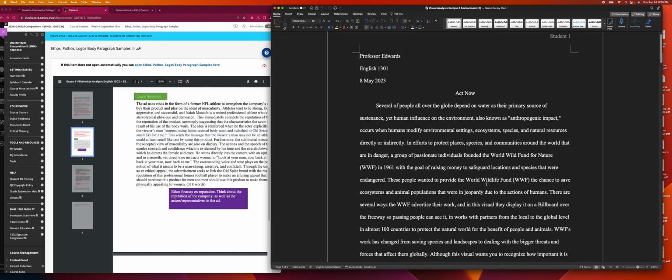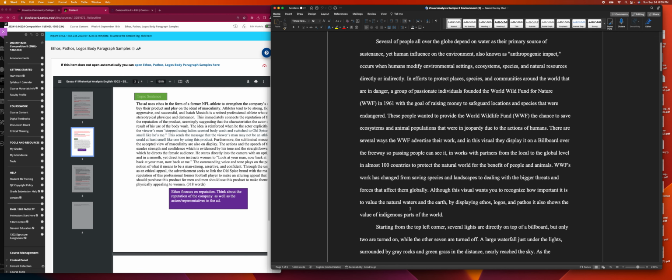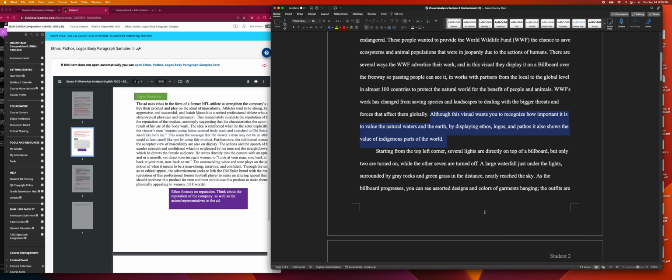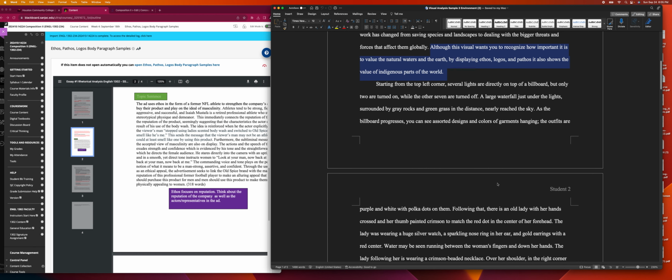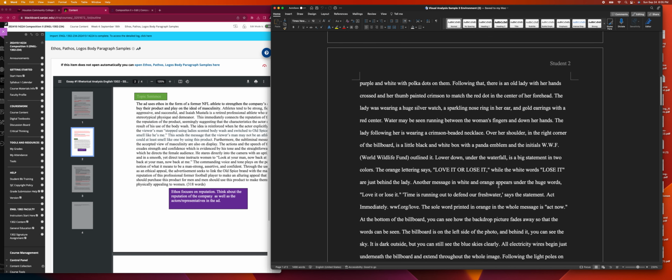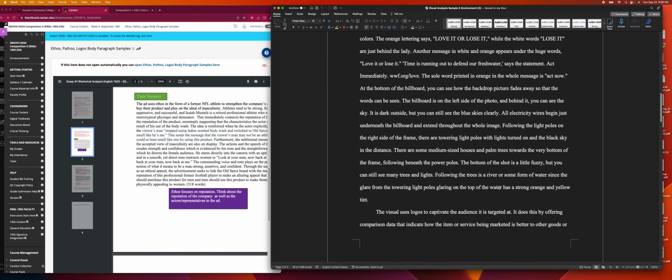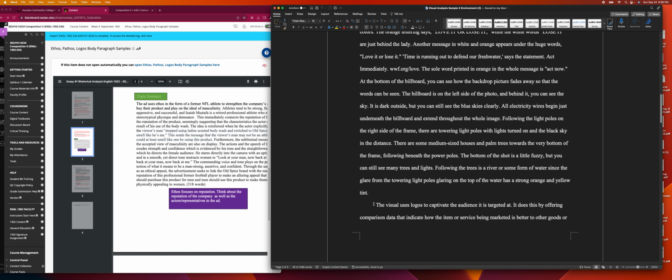So if I take a look at this student's paper, she has an intro. At the end of that intro, she has a thesis here, right? Then in this paragraph, she starts to describe the actual visual. That's fine. But this paper does something a little different when she gets here.